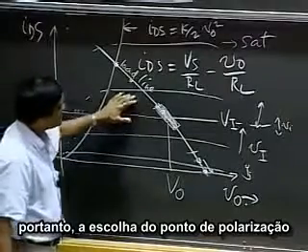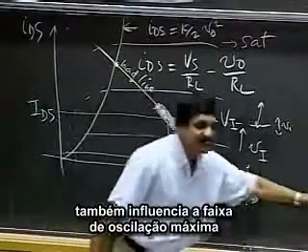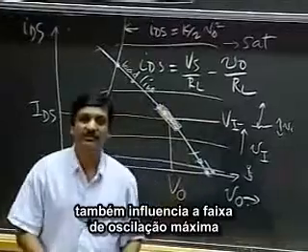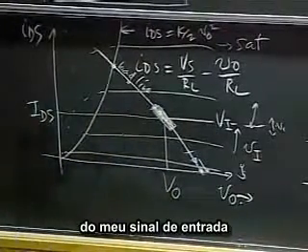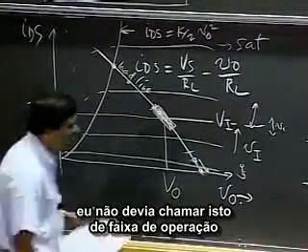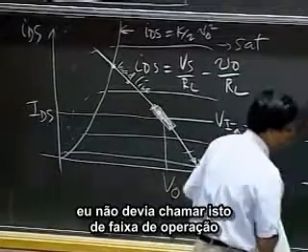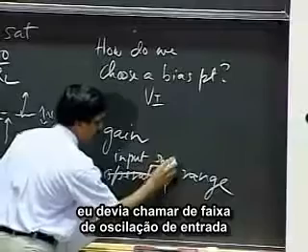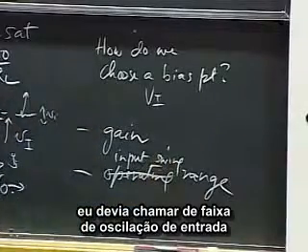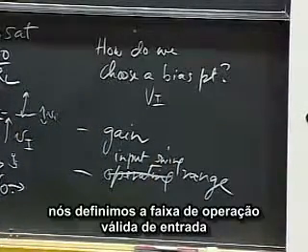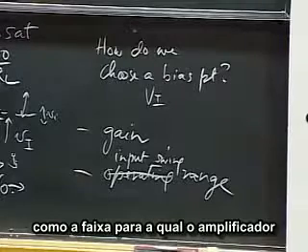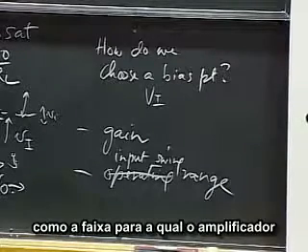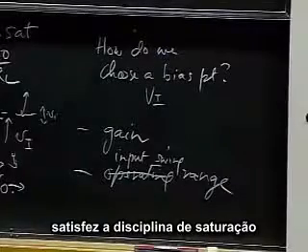And so the choice of bias point also influences the maximum swing range of my input signal. I shouldn't call this operating range. I should call it input swing range. We defined the valid input operating range as the range for which the amplifier satisfied the saturation discipline.